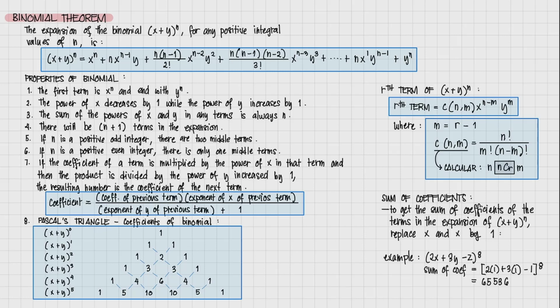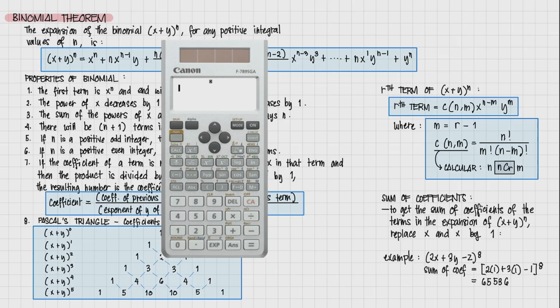Wait lang, let's load up your calculator. So, okay, in your calculators, you have nCr right here. So you could press, let's say, n natin is 4, shift, nCr, and then your m.